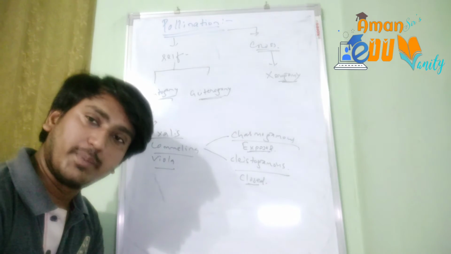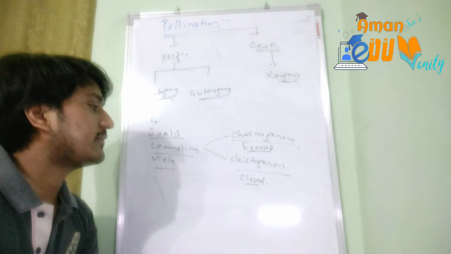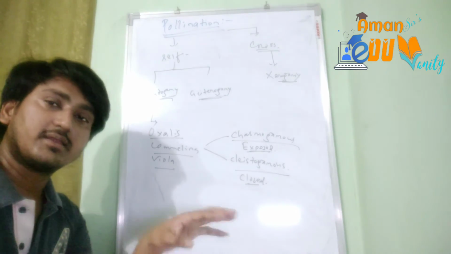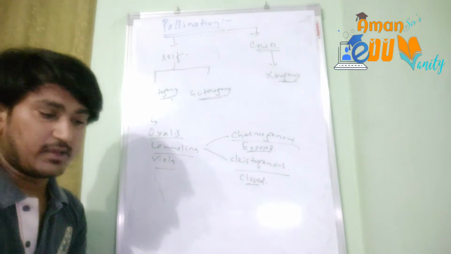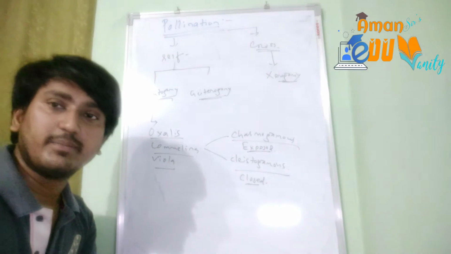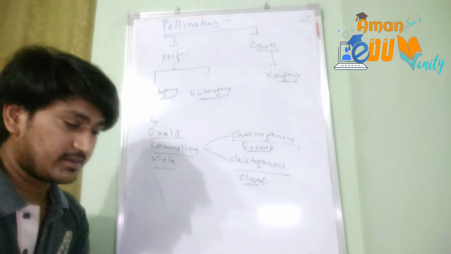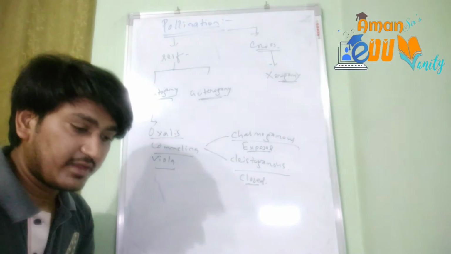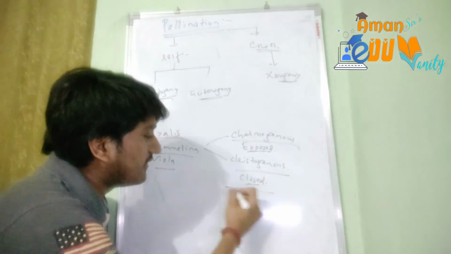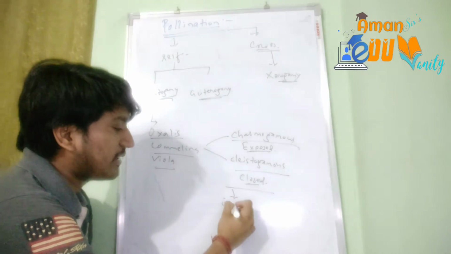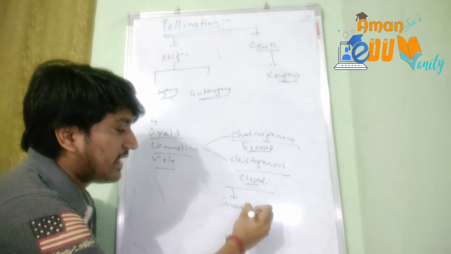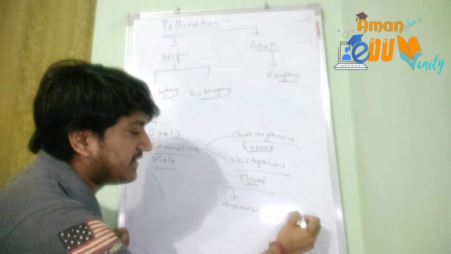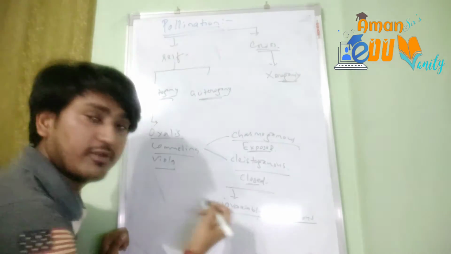Since they are not opening at all, when the pollen grains mature and are released, they will definitely pollinate the same stigma, the stigma of the same flower. Hence we call them invariably autogamous. The cleistogamous flowers are invariably autogamous because they will definitely be pollinating the same flower only.